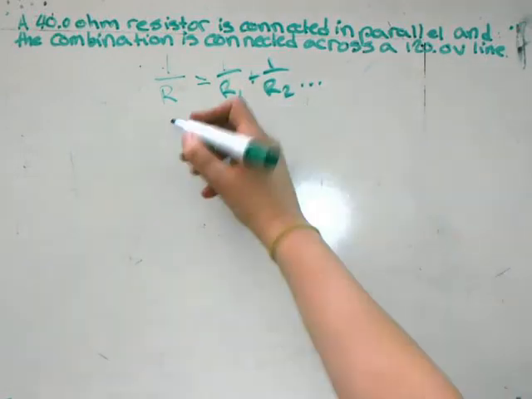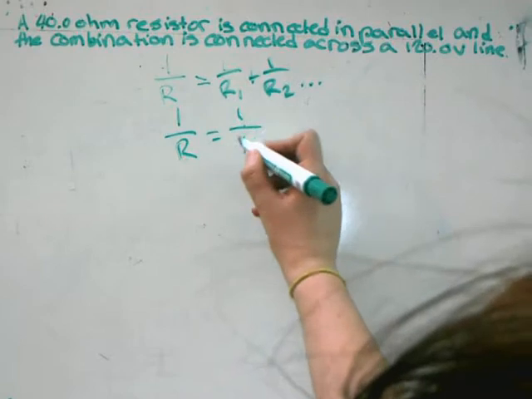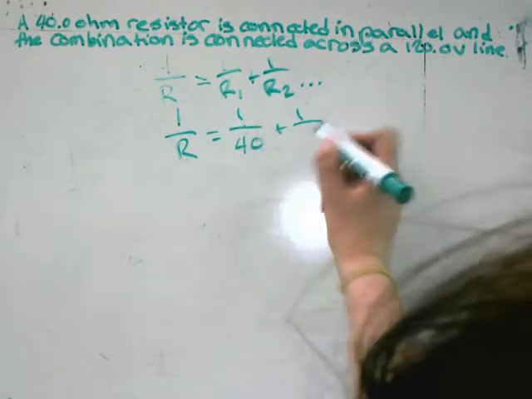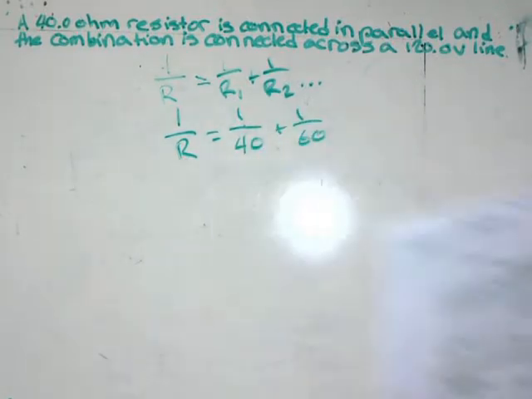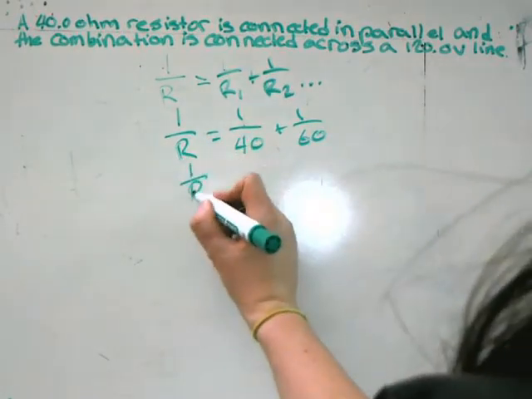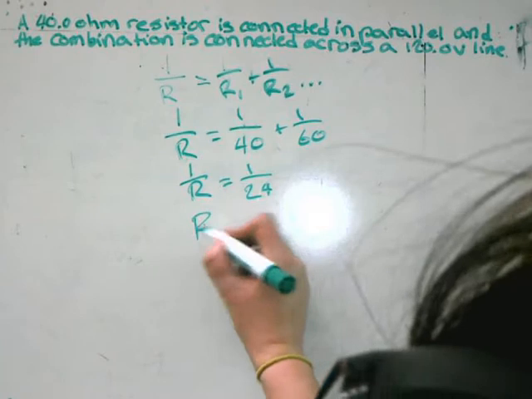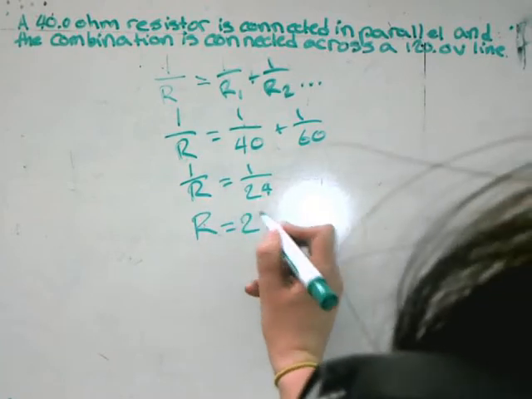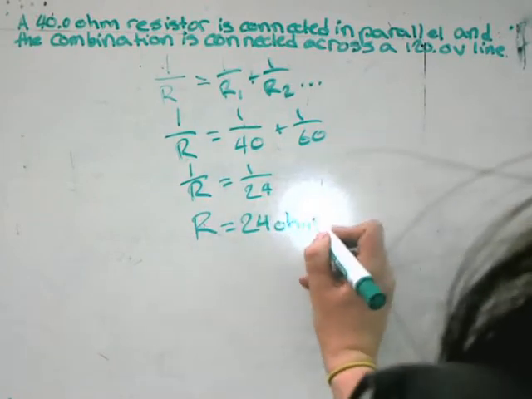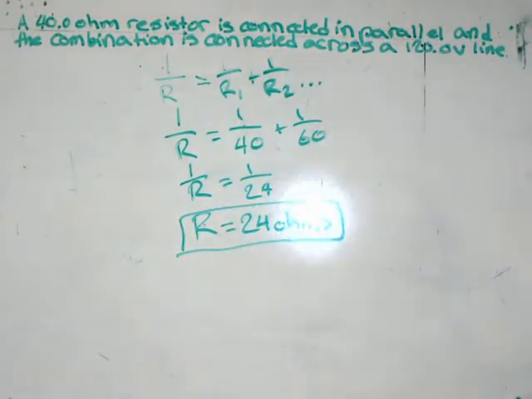So this turns into 1 over R equals 1 over 40 plus 1 over 60. If you solve for that, 1 over R equals 1 over 24. So the total resistance equals 24 ohms. Okay, so that's part 1.